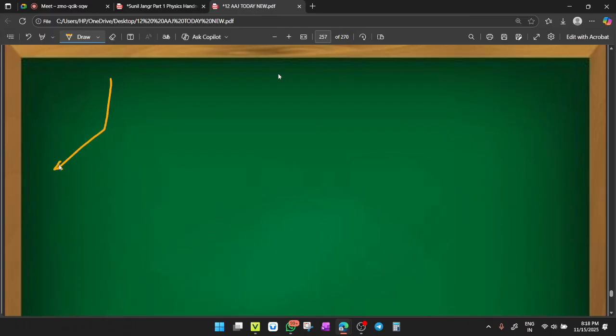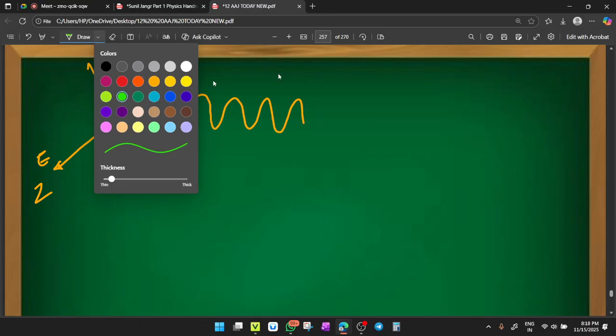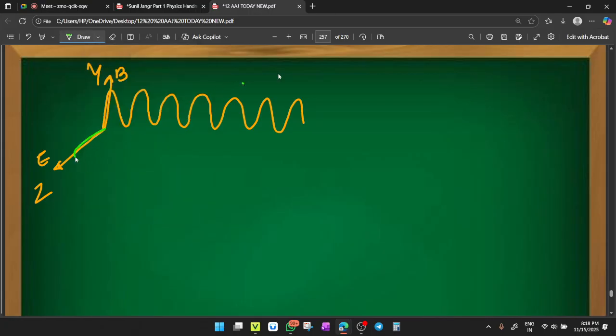But later on, after the discovery of the electromagnetic wave, it was established that light is an electromagnetic signal that is made up of the vibration of two mutually perpendicular fields, E and B. When the two signals, electric field and magnetic field, vibrate perpendicular to each other, like this is the magnetic field, perpendicularly vibrating along the y-axis, and this is the z-axis, and along the z-axis the electric field is vibrating simultaneously with the magnetic field.